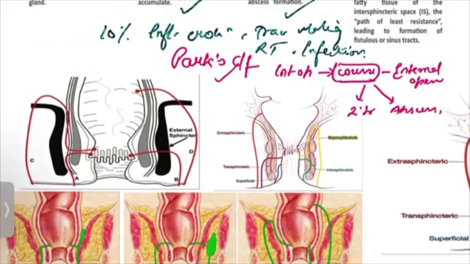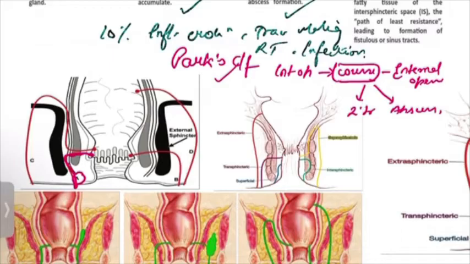So see, all fistulas will start from the anal mucosa itself. The internal opening of the fistula will be within the anal mucosa. Okay, see, the very first type shown here in A, the fistulous tract has an internal opening in the anal canal, then it traverses to the internal anal sphincter, then into the intersphincteric space, and then it finally opens onto the perineal skin, okay.